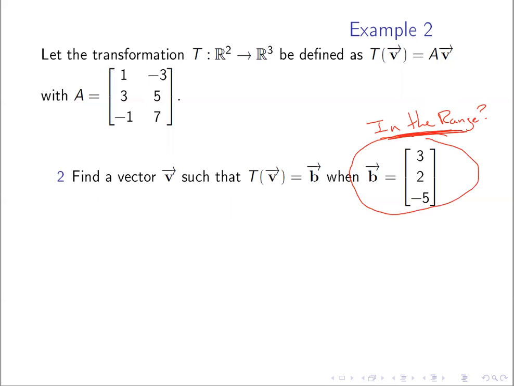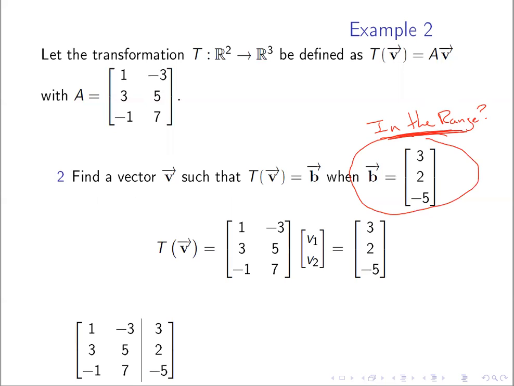Again, we're not going to guess that, but what that means is I'm looking for A times some vector V equals my given vector, or I'm looking for this augmented matrix to solve it. So pause the video and solve this augmented matrix right here. Go ahead and do your row operations and reduce that.